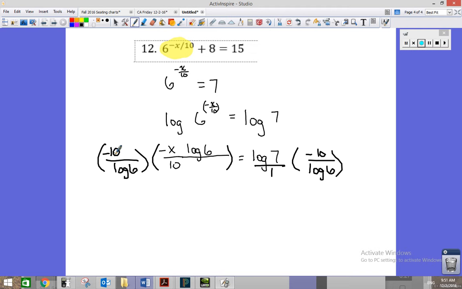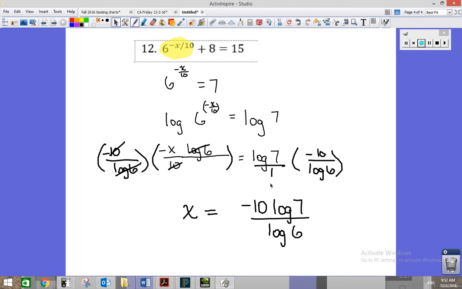So now, the negative times negative is positive. 10 divided by 10 is 1. Log of 6 divided by log of 6 is 1. The negative times negative is positive, so I have x. On the right-hand side, let's put that negative 10 as a multiplier in front of the log of 7. And 1 times log of 6 is just log of 6.